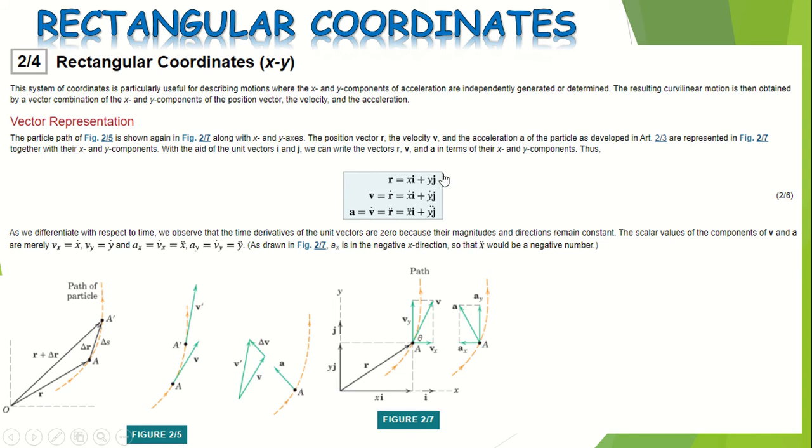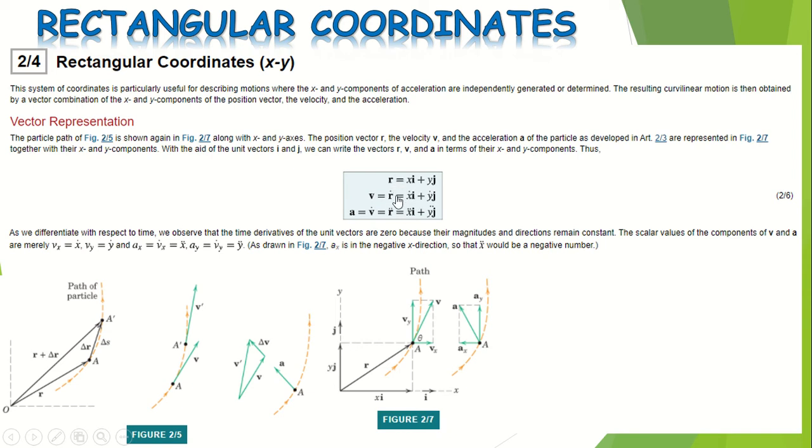Thus, if the vector is represented by r equal to x i plus y j, then we know that v is the velocity. This r indicates the displacement, the length of this one, r.